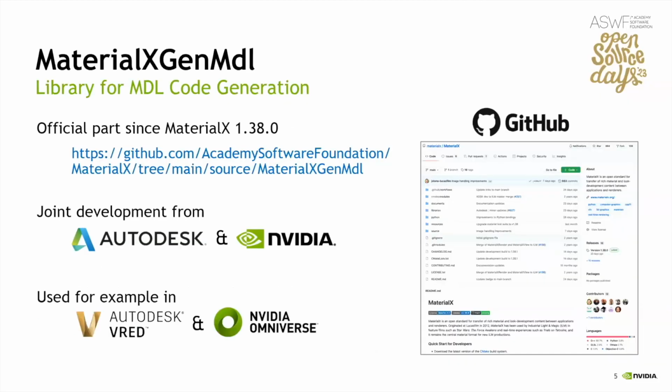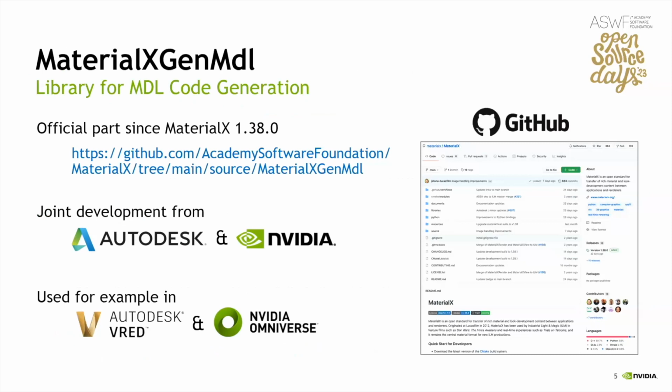So because of all of that, MDL is an excellent language to implement MaterialX. Together with Autodesk, we created a shader gen component that transforms materials described by a network of MaterialX nodes to MDL, which backs the MaterialX node implementations.